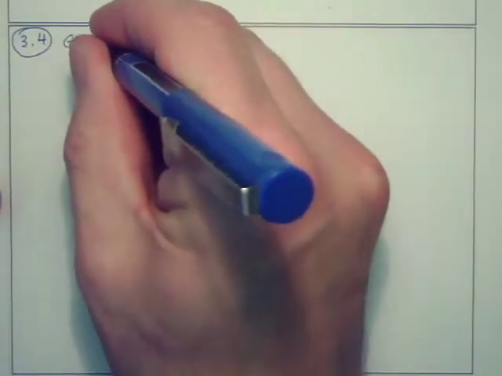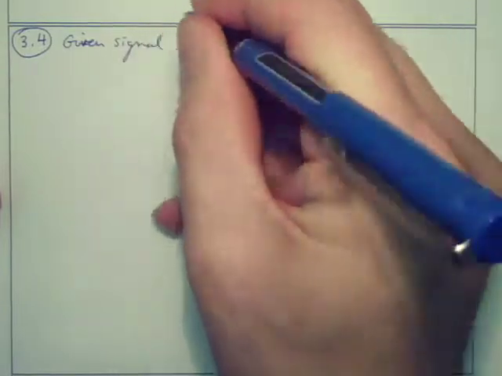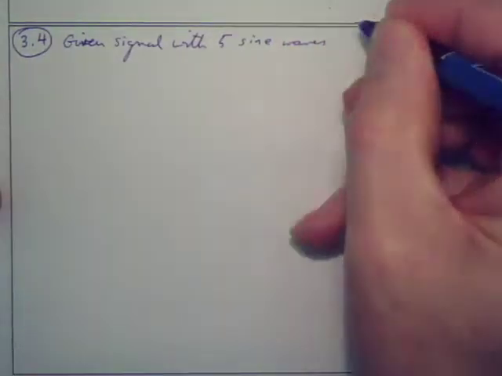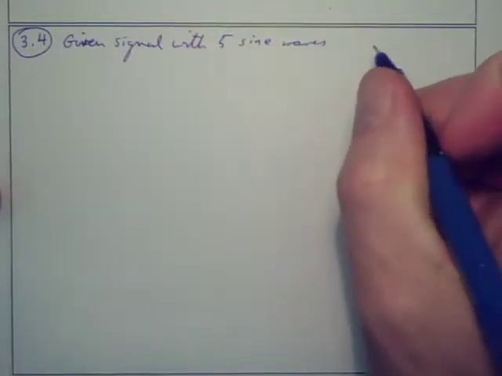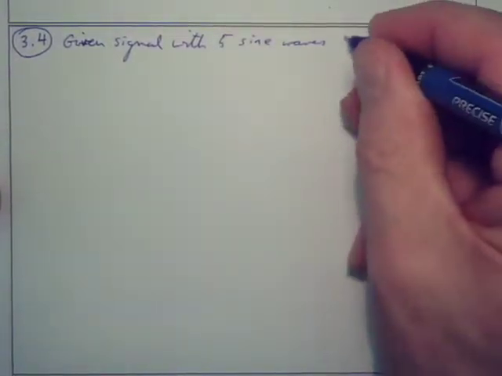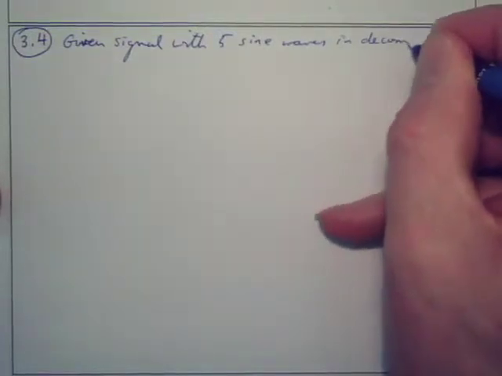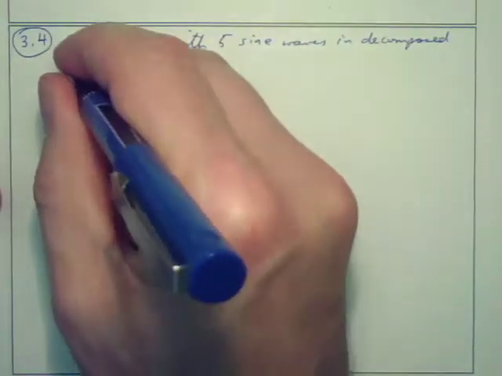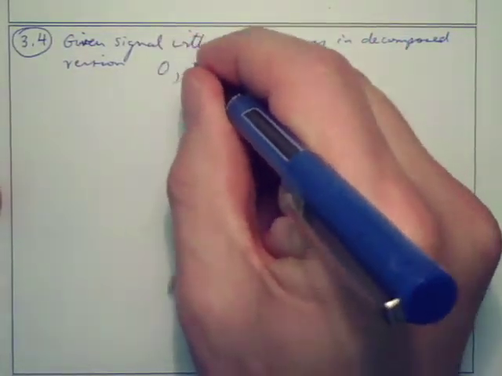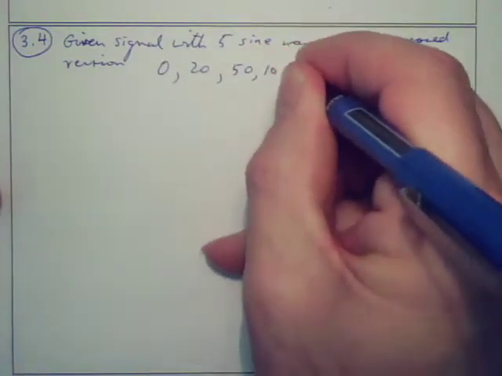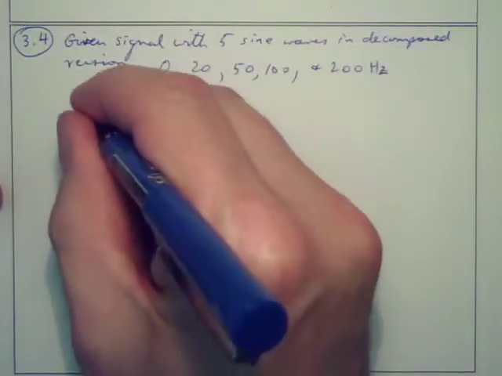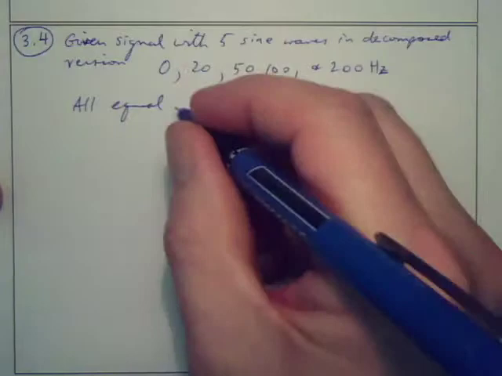Given a signal with 5 sine waves in the decomposed version, 0, 20, 50, 100, and 200 hertz, all with equal amplitudes.